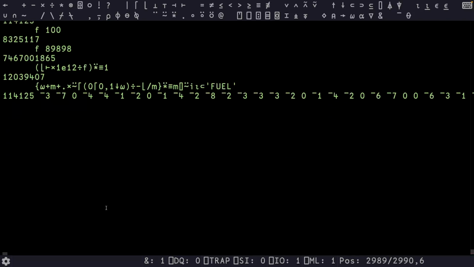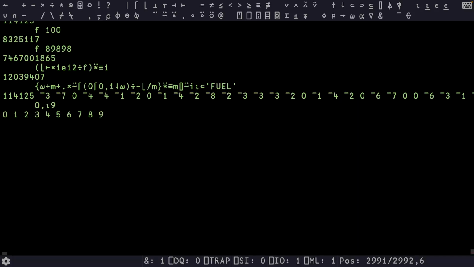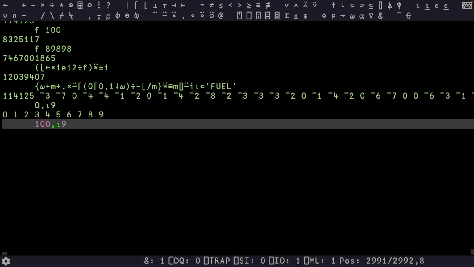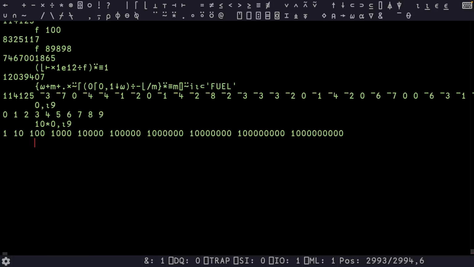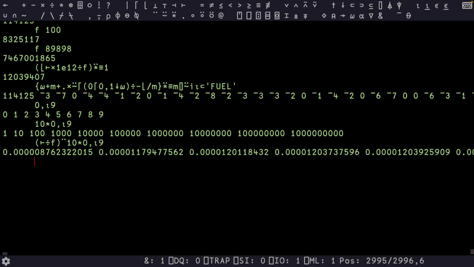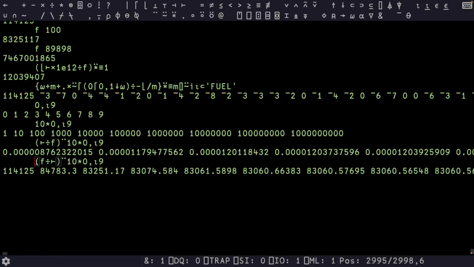So I can sort of demonstrate this if I do iota 9, 0 cons. We can do 10 to the power each time. We can do for each, do f, and then right tack divided by, I think, not the other way around. Divided by right tack, yep.